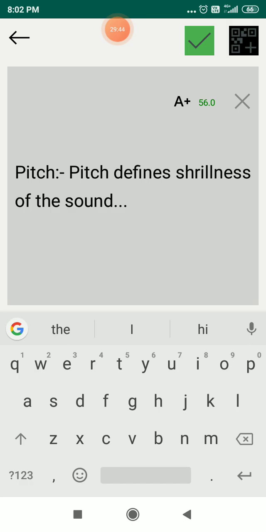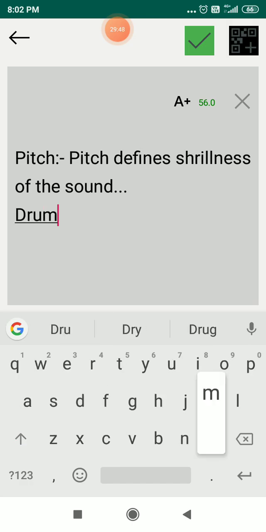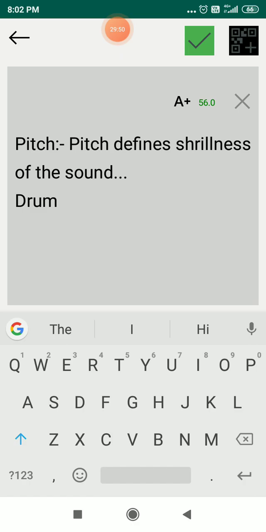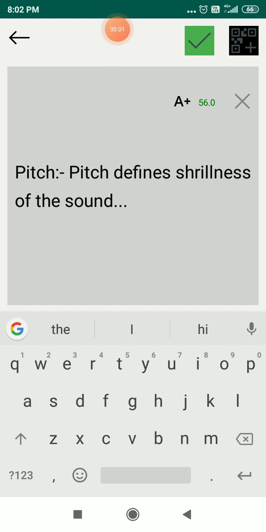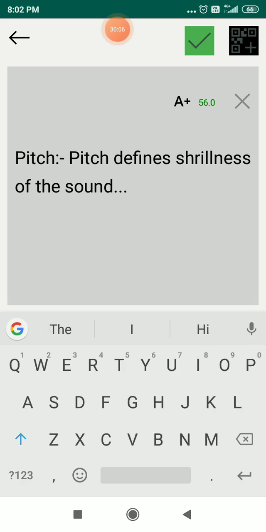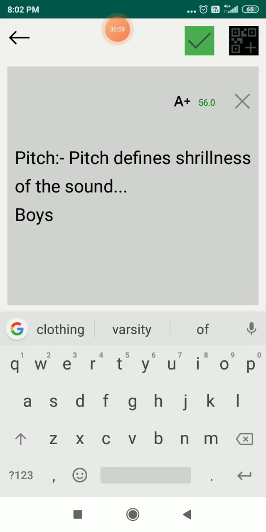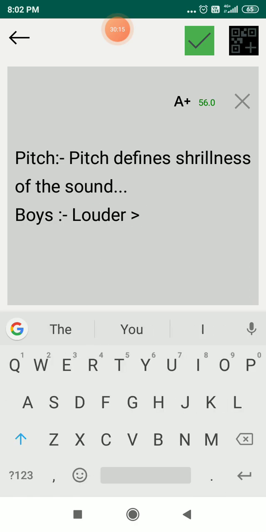Shrillness means, suppose you are beating a drum, and suppose you are blowing a flute. Or more interestingly, boys and girls. In general, boys have a louder voice in comparison to girls.